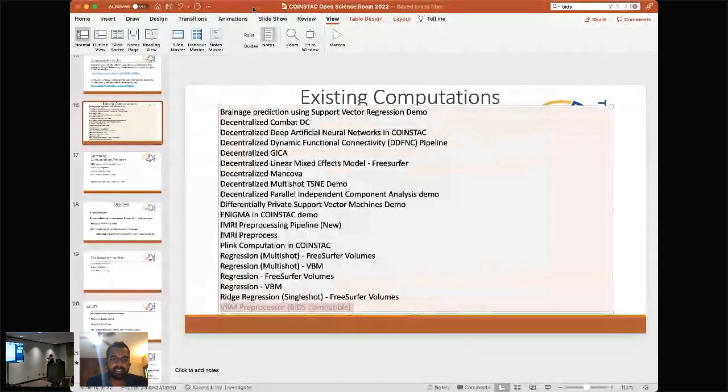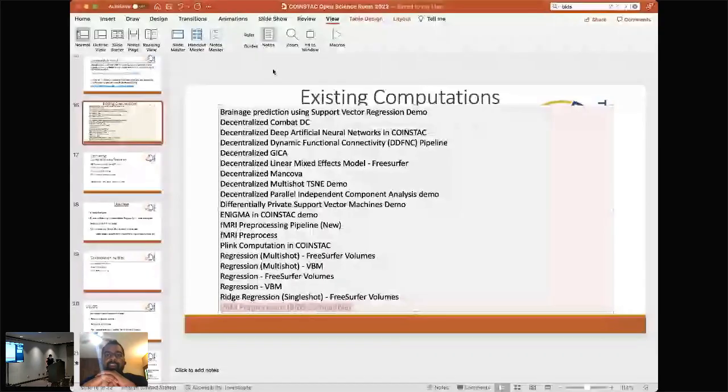Absolutely. As of now, we have started with including BIDS compatibility for the structural MRI data, which is run through the VBM pipeline.